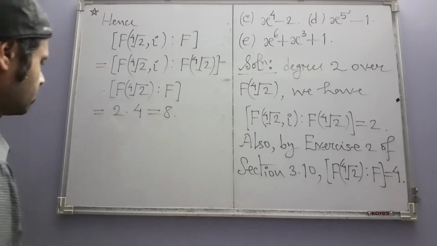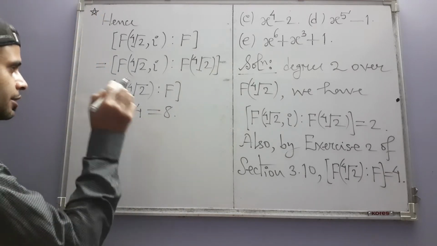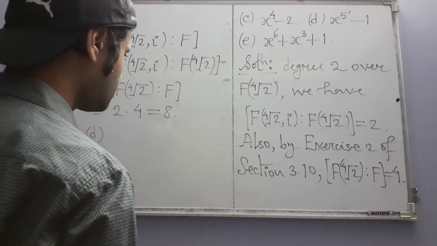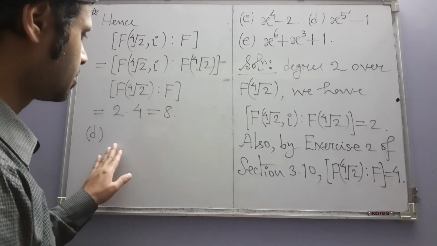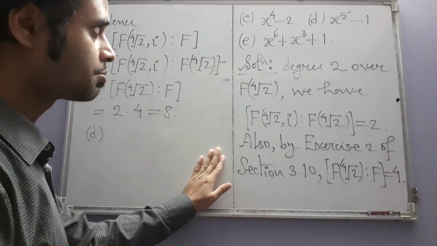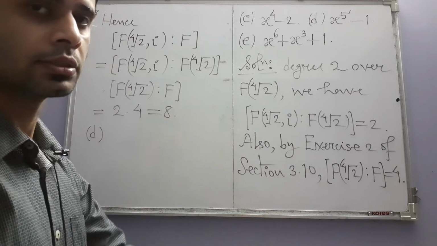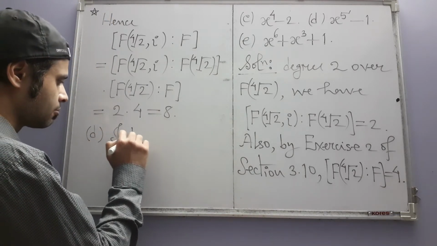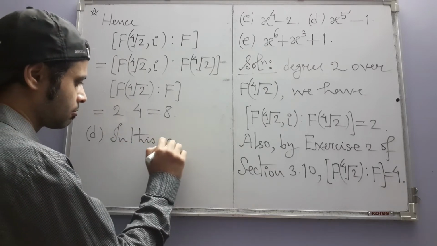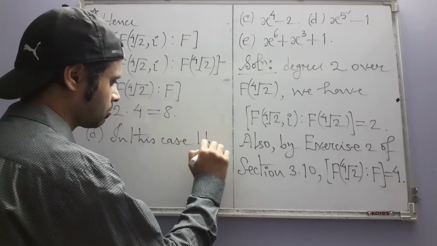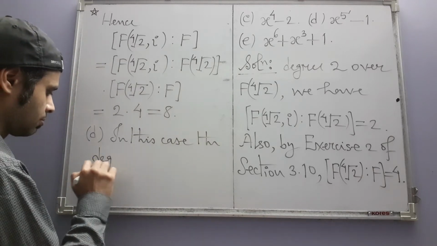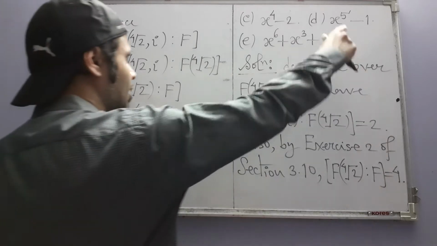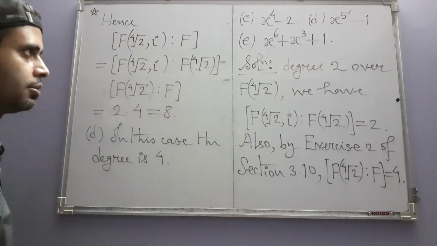Okay. Then that is part C. Then part D. For part D, the answer is a one-line answer. That's because it's a consequence of the next exercise. In this case, the degree is 4, 1 less than the degree of the exponent.